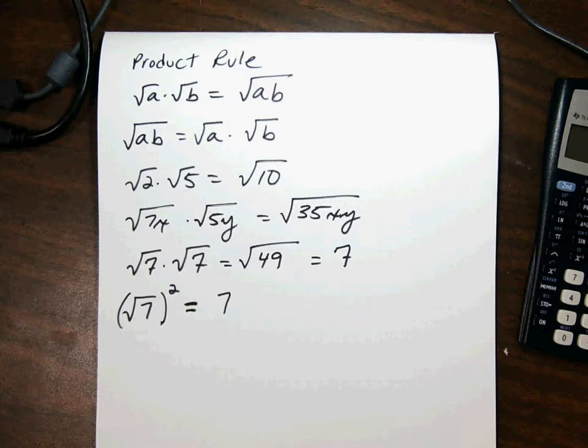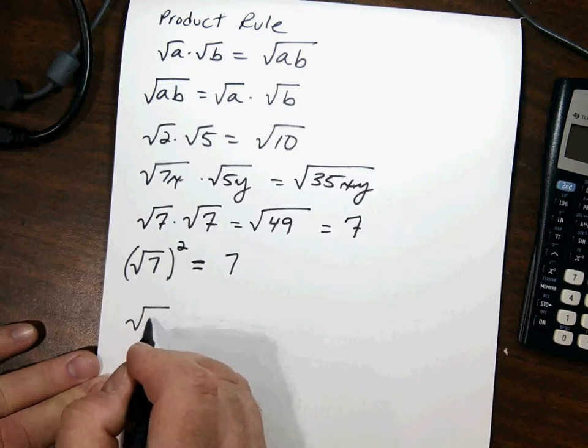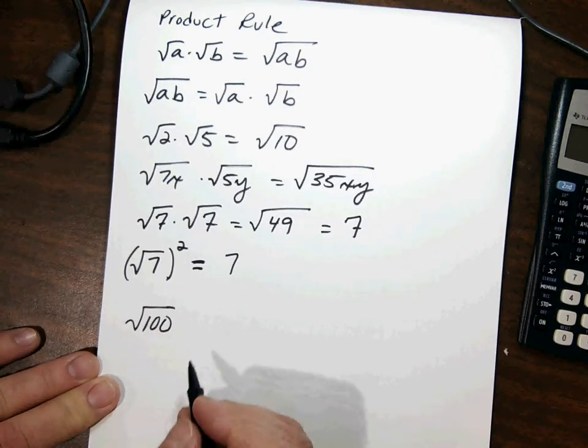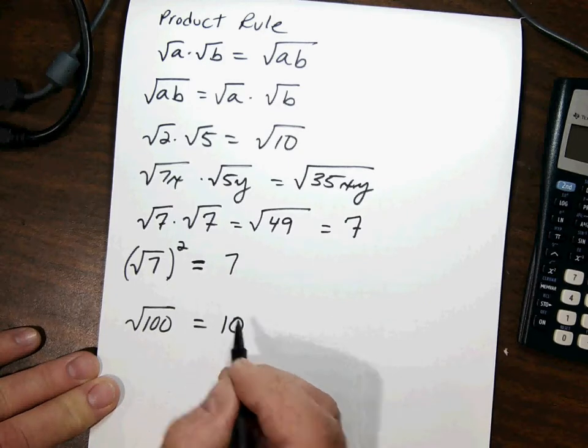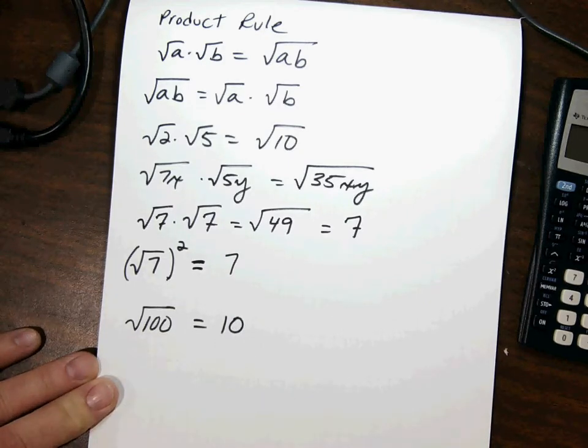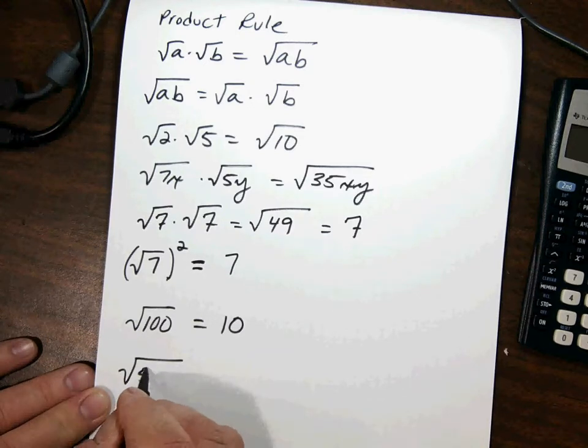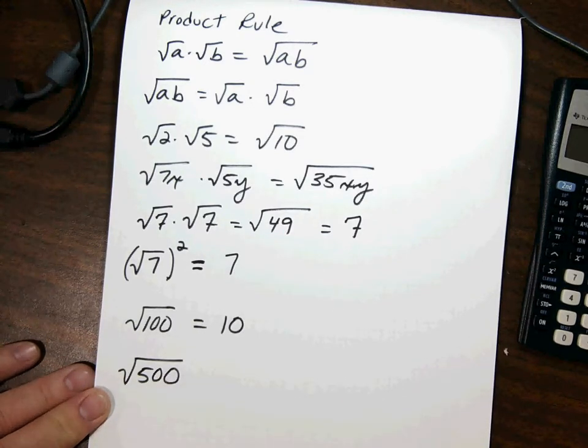We're going to use that, like I said, to simplify. Now, we all know that radical 100, for example, is a perfect square root because it square roots into a nice whole number, 10. Well, radical 500 is not so pretty. It's not a nice whole number. It's some decimal.